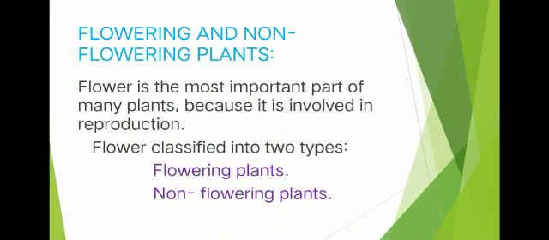Flowering and non-flowering plants. The flower is the most important part of many plants because it is involved in reproduction. Some plants do not have flowers. These plants also reproduce in different modes. Based on this, plants can be classified into two types: flowering plants and non-flowering plants.